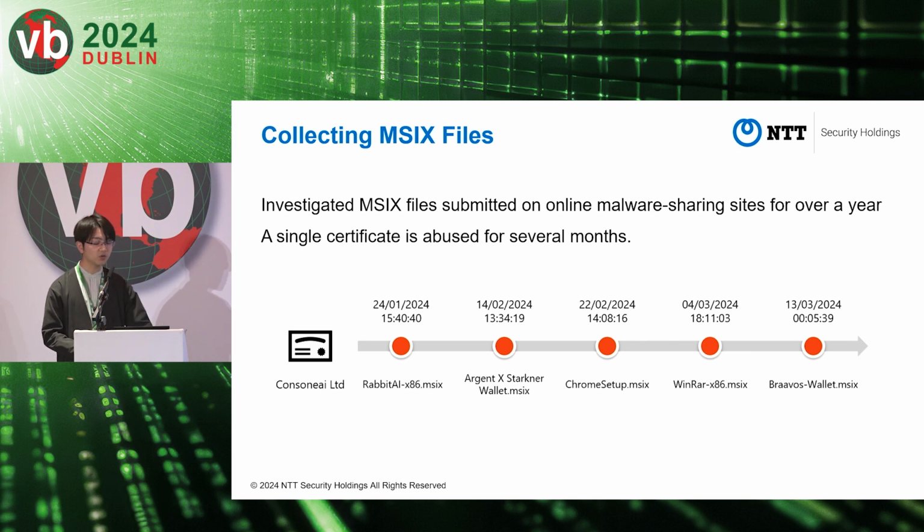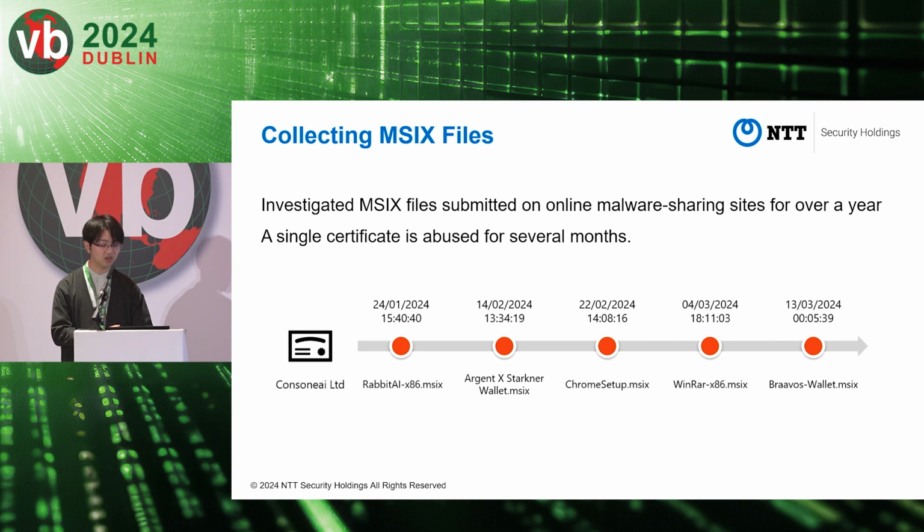The red circles represent the submitted MSIX files, with the upper portion showing the submission times and the lower portion showing the file names. Focusing on the submission times, we can see that the first sample was submitted in late January, with intermittent submissions continuing until mid-March.